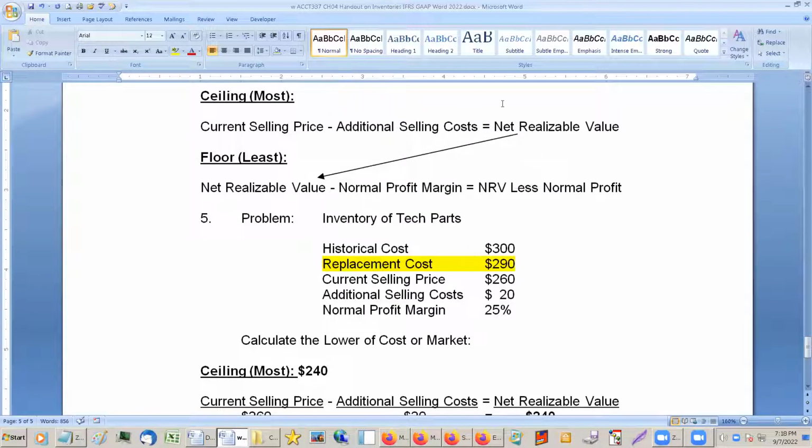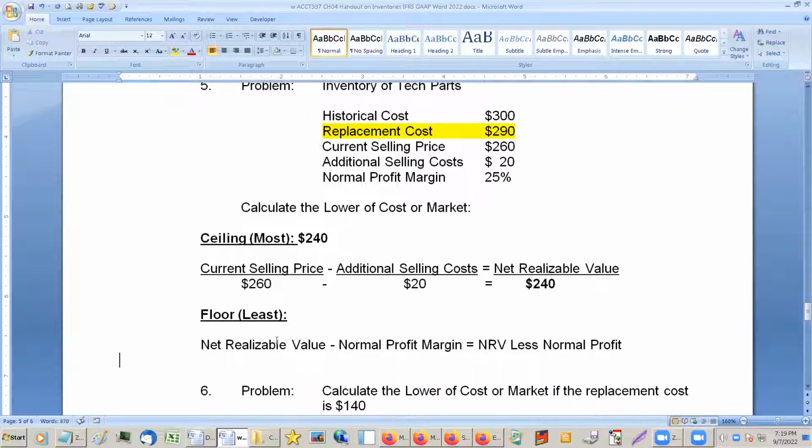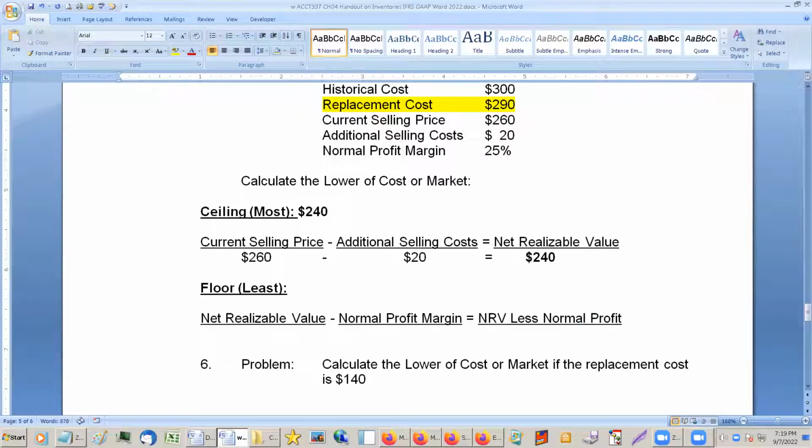And we're gonna do the same thing for the floor. So this is 240, net realizable value, so I just got that from... Let's make that green.